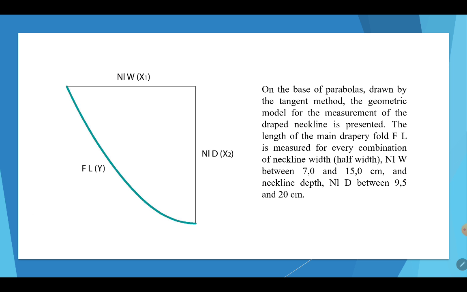And on the base of parabolas drawn by the tangents method, the geometric model for measurement of the draped neckline is presented. The length of the main drapery fold is measured for every combination of neckline width, actually half width, and neckline depth.